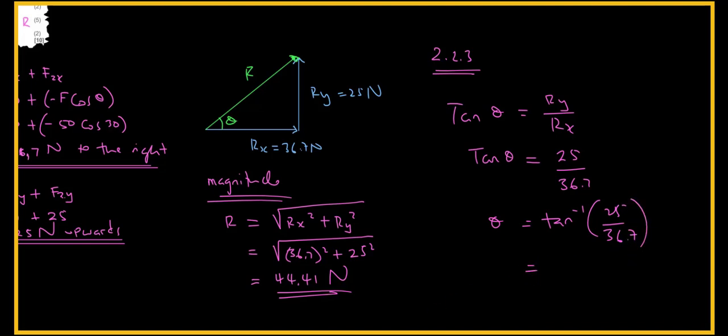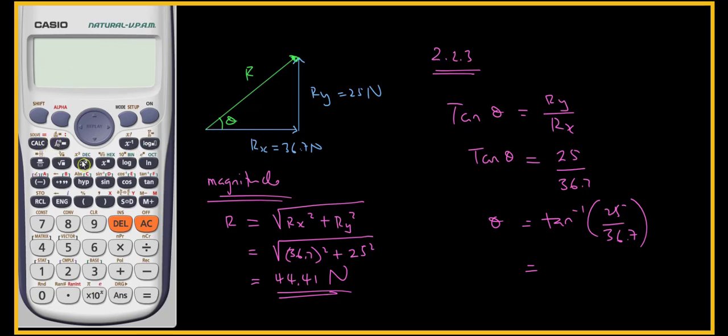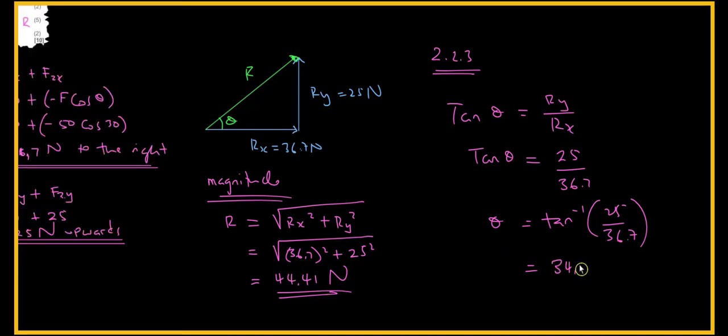Okay, so I say shift tan 25 over 36.7, close the bracket, and I get 34.78. So that's 34.78 degrees.